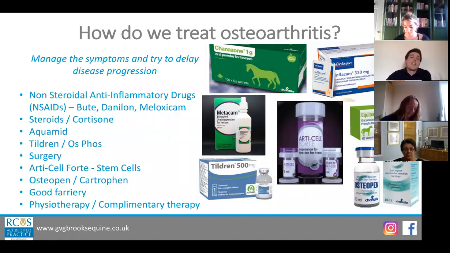And some of you listening may have had horses that have been treated with Tildren or Osphos for navicular disease as well, because that's a disease that can have a similar disease progression and process to arthritis with this bone turnover, which is why it can be particularly useful there.